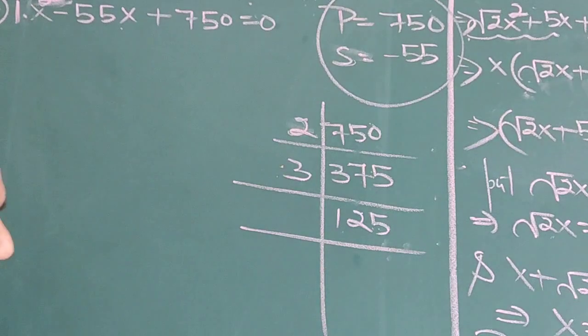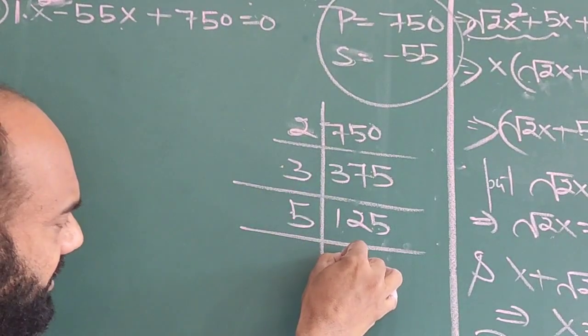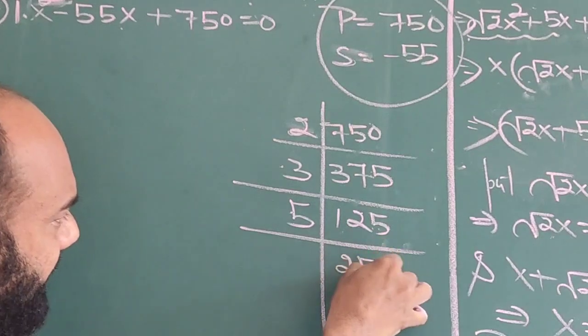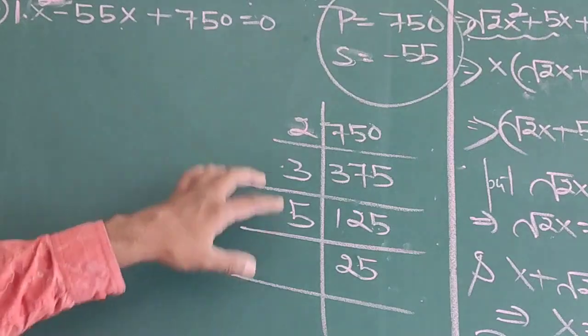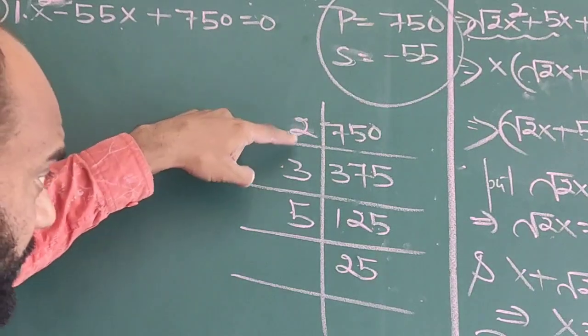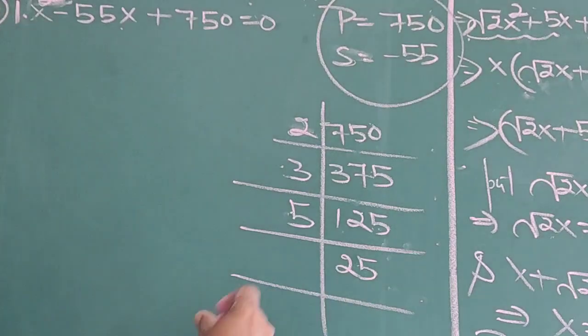Again, it is not divisible by 3. So this is divisible by 5. 5 2s are 10 and 5 5s are 25. Now we check 10 by 10: 5 2s are 10, 3 2s are 6, 6 5s are 30, and 30 and 25.